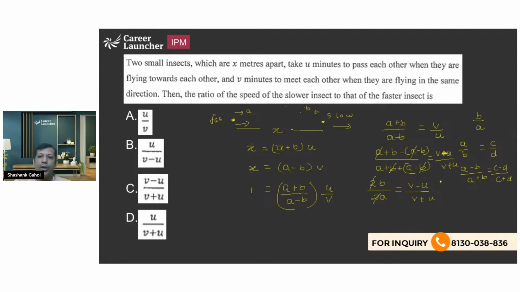So b upon a directly comes out to be v plus u upon v minus u, and that's going to be option C. So this is how we can approach these kind of questions, and this is how we should approach these kind of questions.